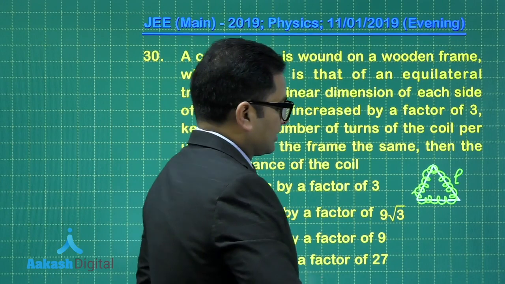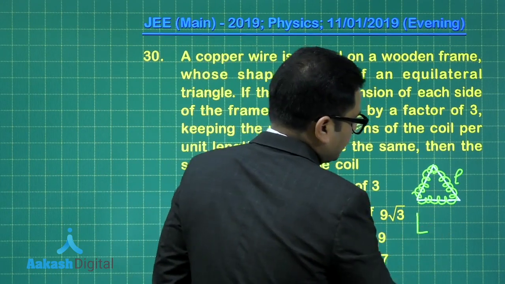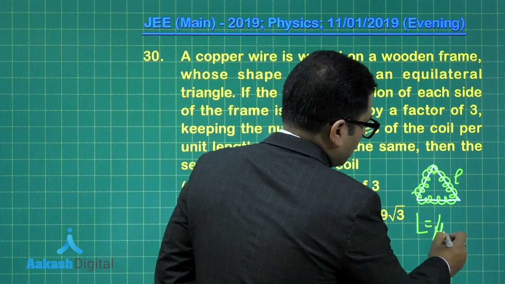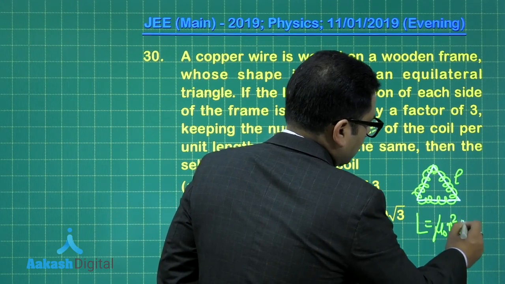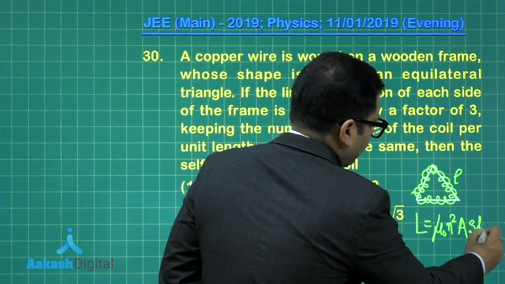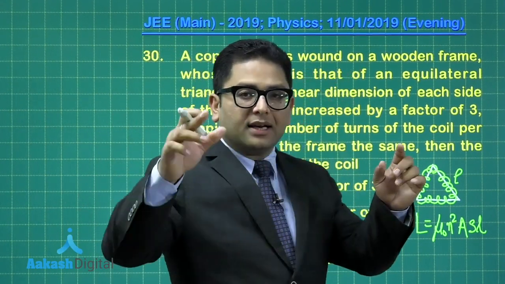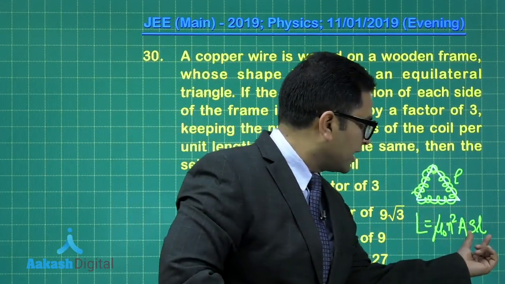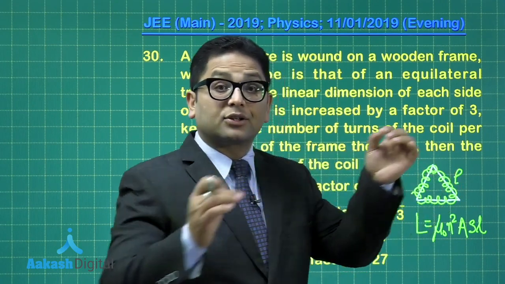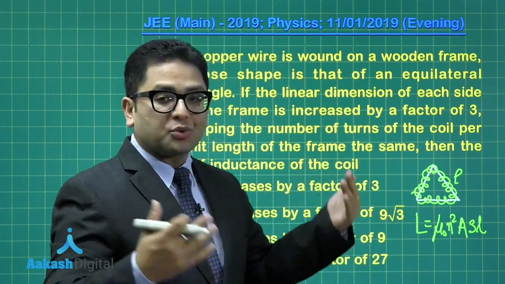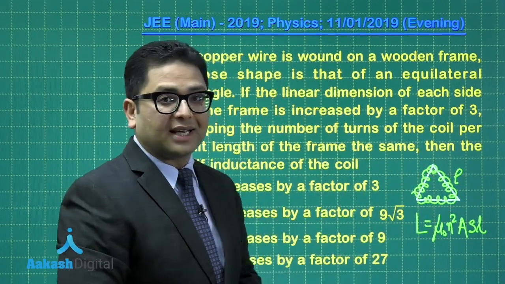So self-inductance would be equal to mu naught n square, the cross-sectional area, into 3L, where L is the total length you need to write. So that will become 3l, because small l is the length of a side. So mu naught n square A multiplied by the total length.